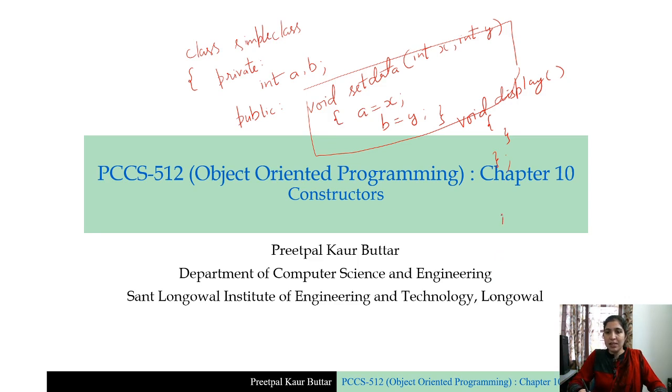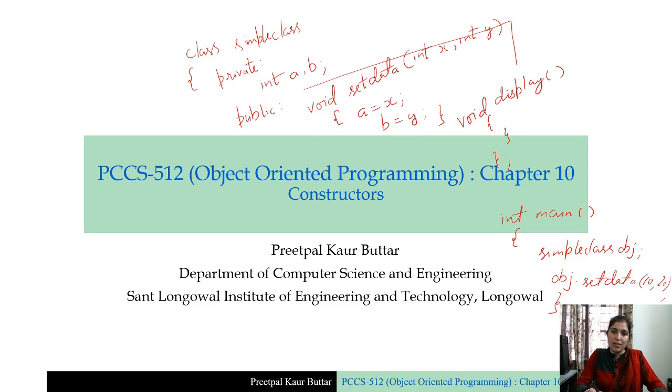Inside the main function, we can create an object of simple class. Suppose its name is obj. Then in order to initialize the values, we called obj dot set data and we passed some values.